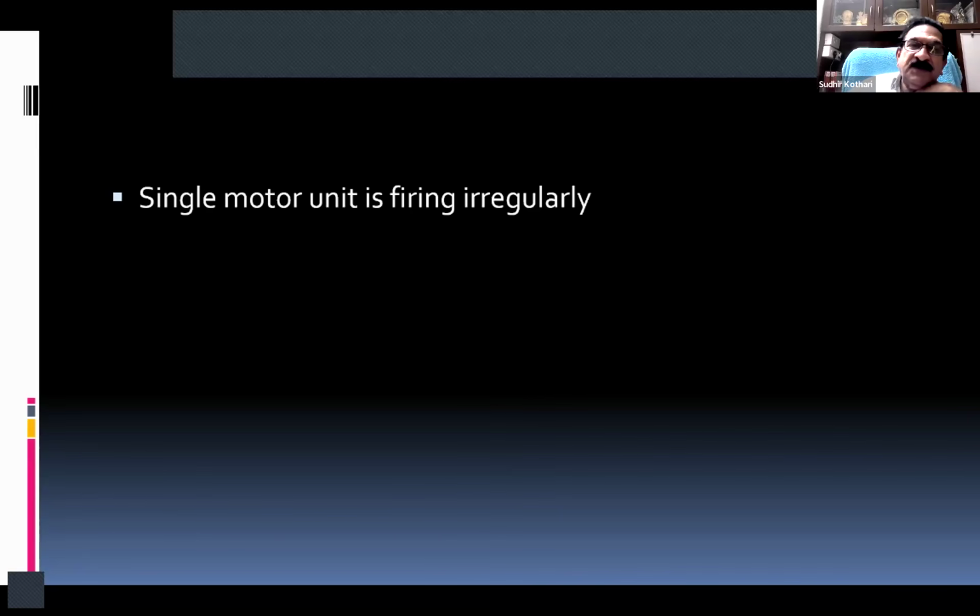Any other investigation you want to do? MRI. Yeah, MRI of the cervical region. Correct, because we want to know whether some root is compressing or the anterior horn is getting irritated.